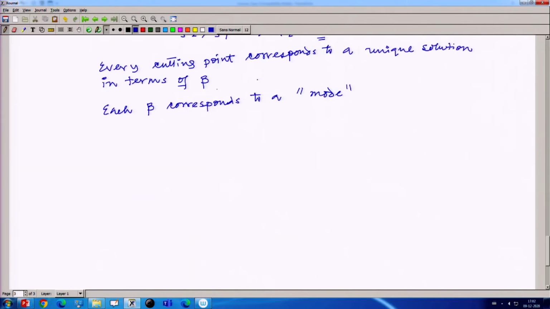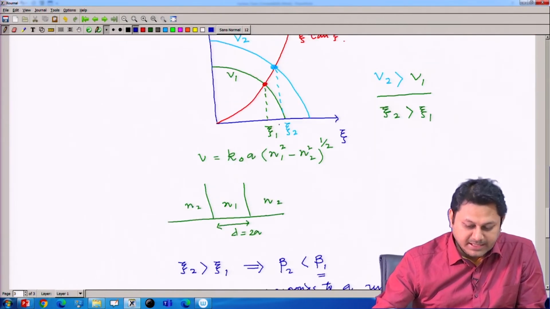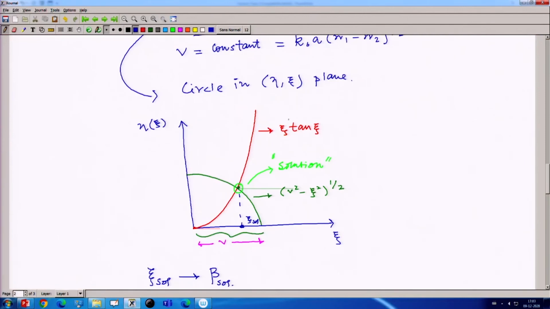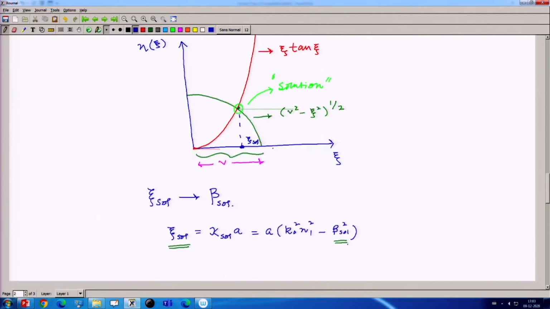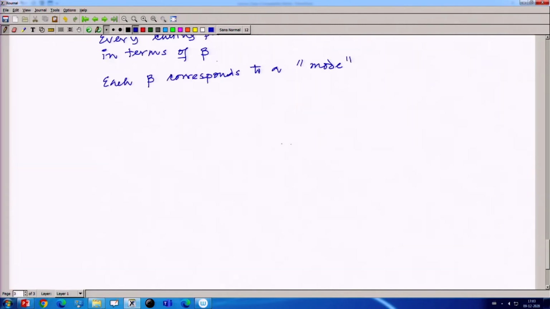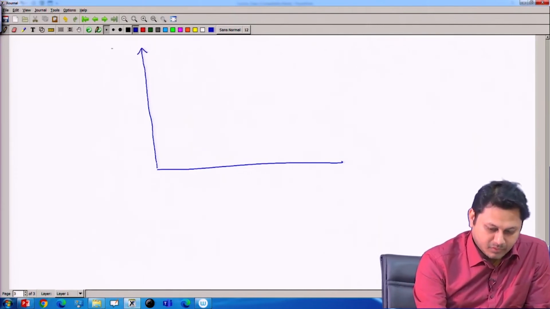Now, the next thing I would like to know is, if I increase this xi, then what happens, because we know that xi tan xi, if I go beyond pi by 2, then what happens. In general, how will the solution look? Let me draw that. I have eta as a function of xi.